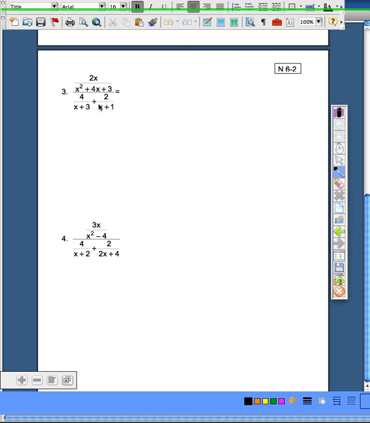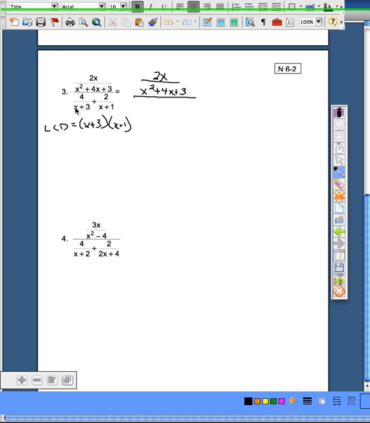Right. This one looks a little more complicated, but it is a single fraction in the numerator, so that's going to stay the same for right now. We'll factor it later, but there's nothing more we can do with that numerator. It's already a single fraction, so we'll leave that alone. This denominator has to be made into a common denominator, and that's going to be x plus 3 times x plus 1.